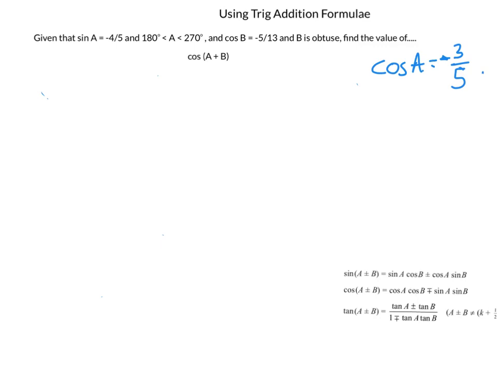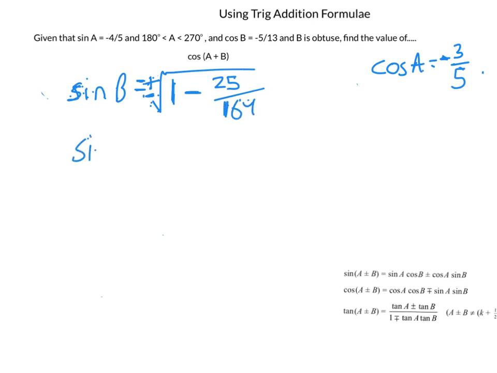Well, let's look at finding sine B. We're going to do a similar thing. Sine B is going to be equal to the square root, positive or negative, of 1 minus cos B squared. Cos B squared is 25 over 169.